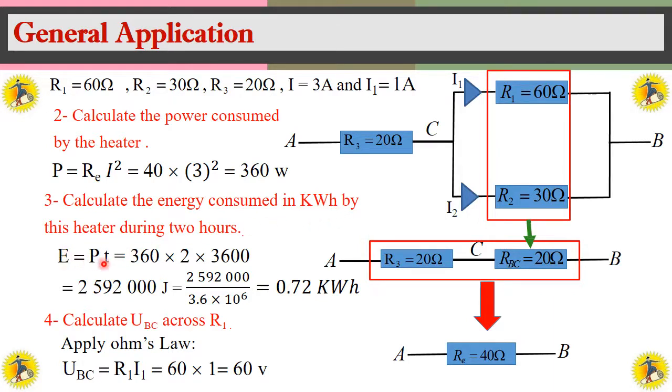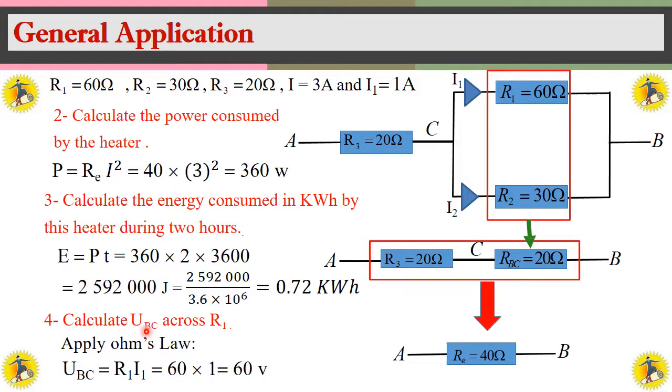E equals P times T, 360 times 2 times 3600, we will get 2,592,000 joule. To convert it into kilowatt hour, we will divide this value over 3.6 times 10 power 6, we will get 0.72 kilowatt hour.